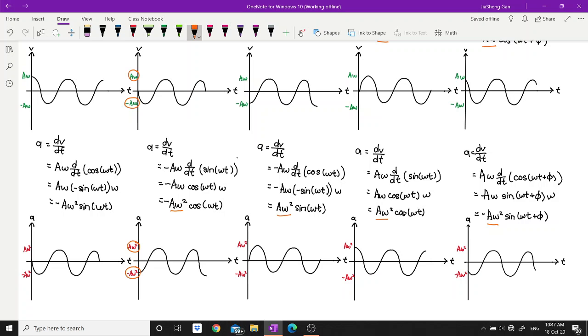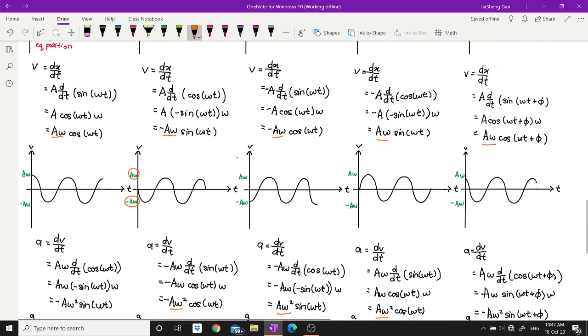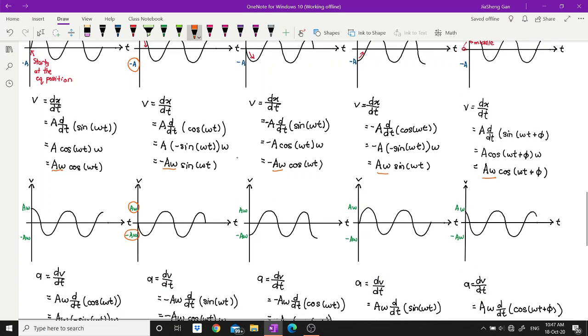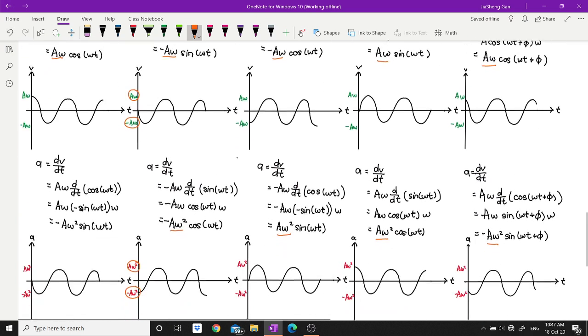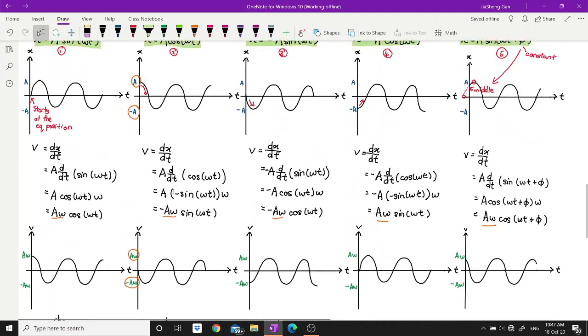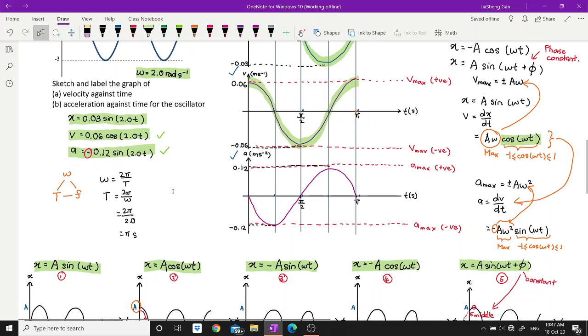The amplitude of the graph can be A for the displacement time graph, A omega for the velocity time graph, and A omega square for the acceleration time graph. So just be careful when you're plotting something. Okay, so a quick tip for graph plotting.